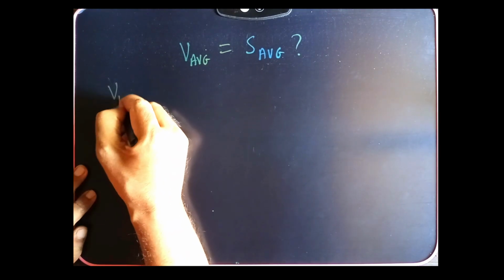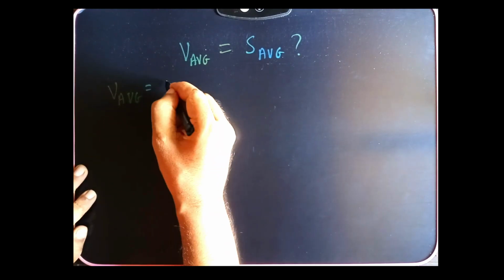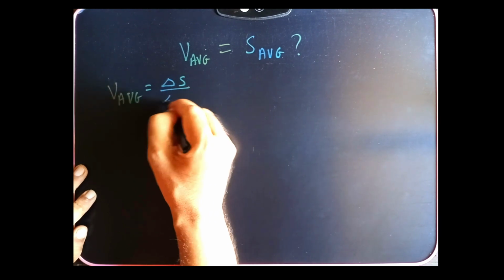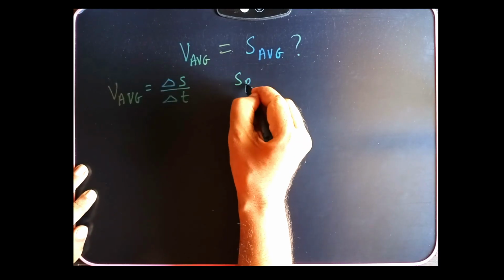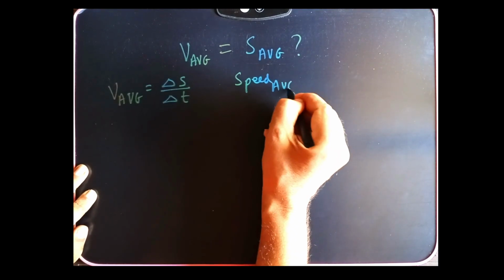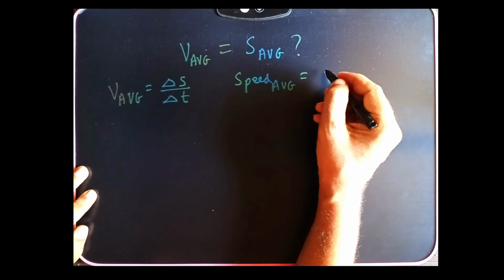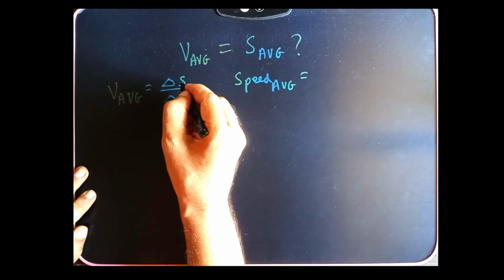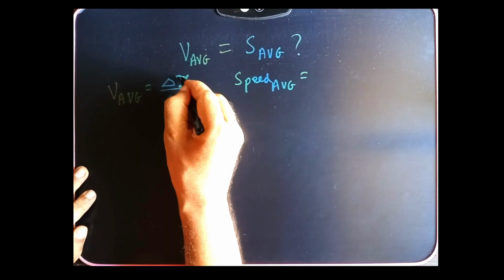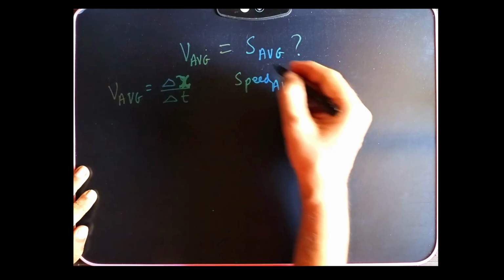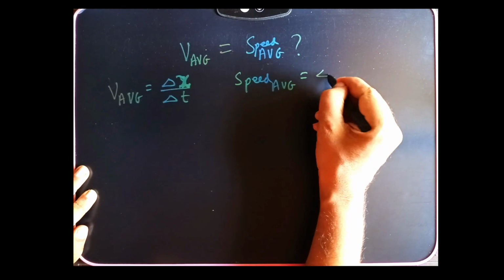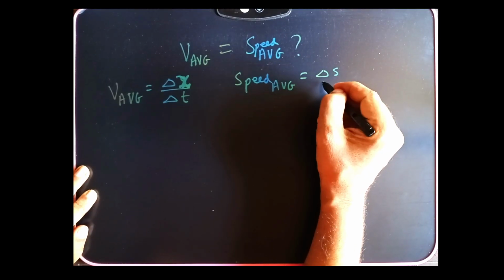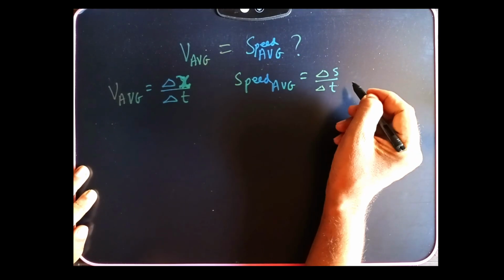Average velocity is change in displacement divided by change in time. And average speed, s is denoted as speed, so I'll call x here the displacement, and this is speed. Average speed is given by change in distance divided by change in time.